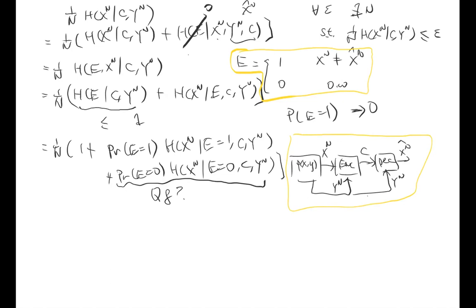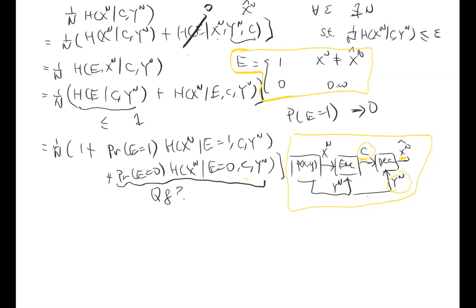Yes, when there's no error, then what? You have c and yn here. Both the encoder and decoder are deterministic. So you have c here, you have yn here, then you also know xn hat.